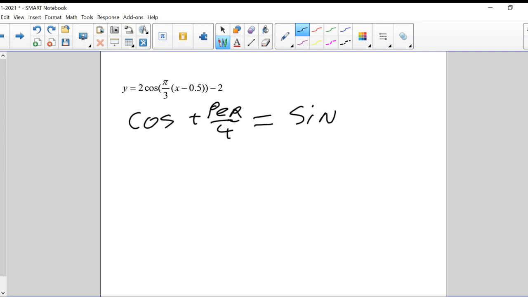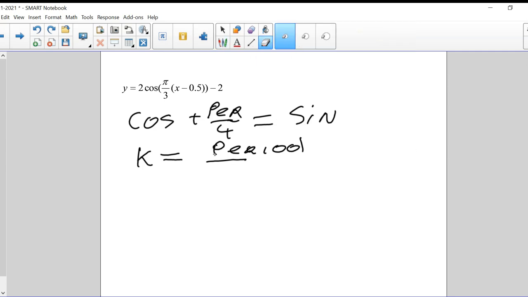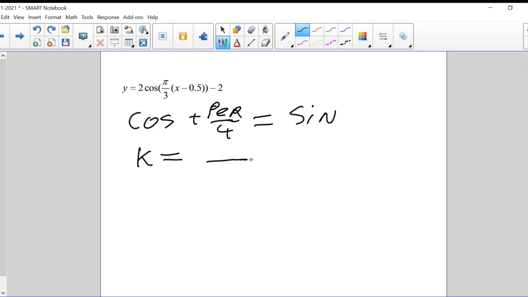Well, let's just write this down. Remember what we said before? We said that the k value was equal to 2 pi divided by the period. Sorry, why am I writing all this nonsense down? Sorry, folks. Okay, let's get it right. 2 pi divided by the period. We said that from before.